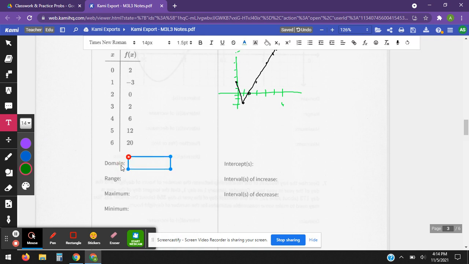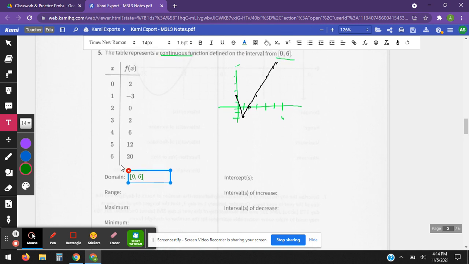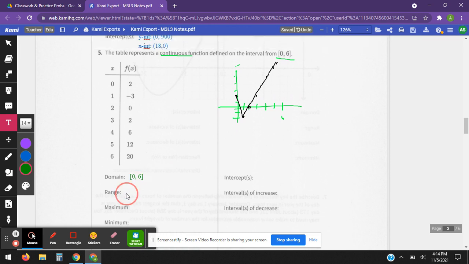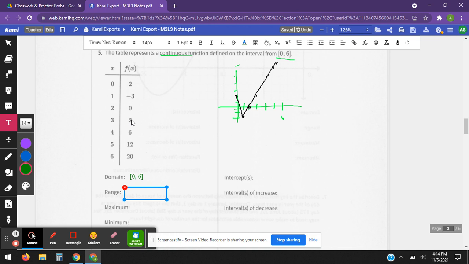All right, so domain. I think it's pretty good that I got 0 to 6. They've already told me that in my original up there. My range. So now it's not necessarily in order because I have a -3 after a 2, but -3 is my lowest, and my highest out of all of this would be 20.